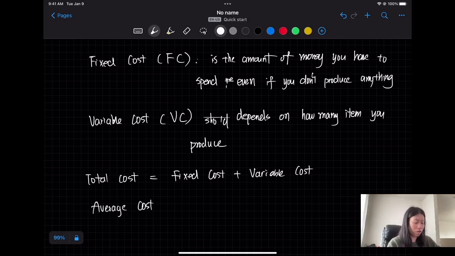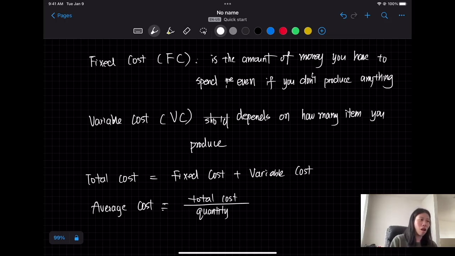The average cost for Q items is the total cost divided by the quantity of stuff that you produce.